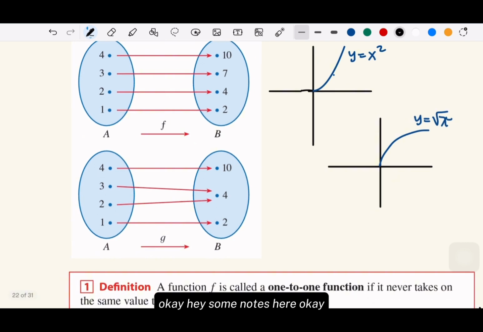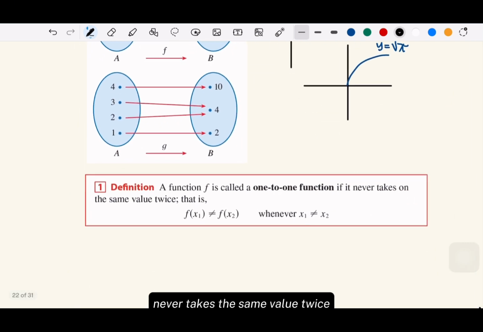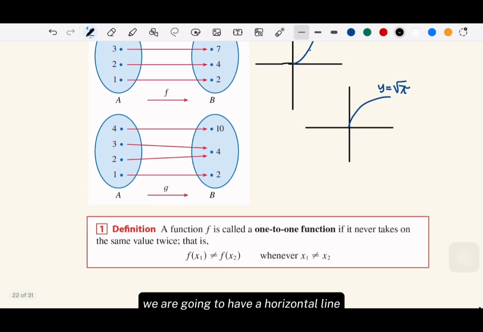Okay, some notes here. It never takes the same value twice. That is, f of x1 is not equal to f of x2 whenever x1 is not equal to x2. So how to make sure that we are having one-to-one functions? We are going to have a horizontal line.